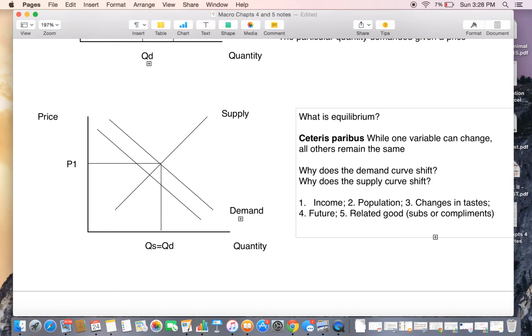So for example, substitutes would be a good that can replace another good. It's relatively similar. So for example, if the price of silk increases substantially, we might buy less silk, so the demand for silk would actually be decreasing.